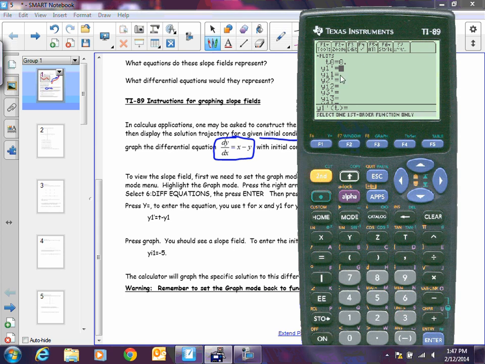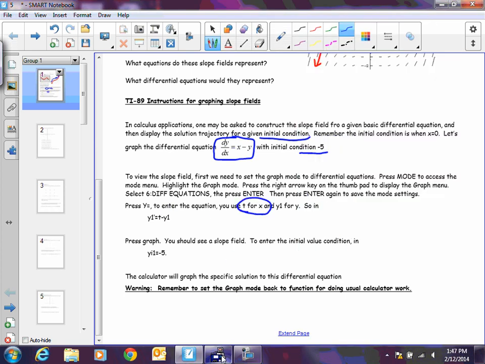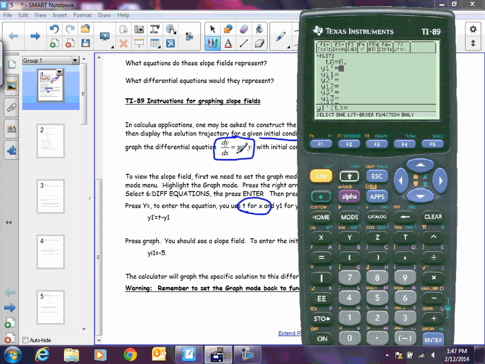All right, and so y1 prime stands for derivative. If we want to do the derivative of x minus y, first of all, we need to recognize that this calculator is going to use t instead of x. So this is something we need to note here. If we want to do x minus, we really need to do t, and t is right here, t minus. And the y, we can't just pick y, we've got to do y1, which means just type in the letter 1.